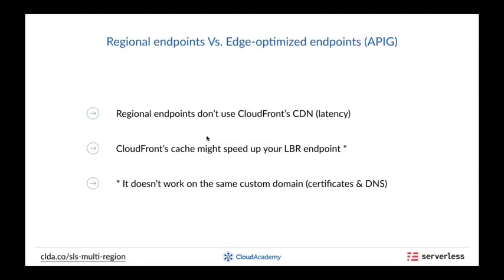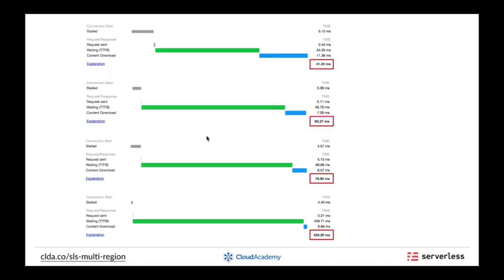The bad news is that it wouldn't really work with the same custom domain. So you will need to use another one because of the certificates and how DNS works. So I have prepared some statistics to show you. Let's check the numbers first.